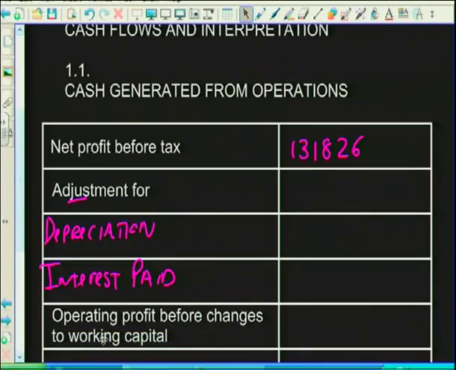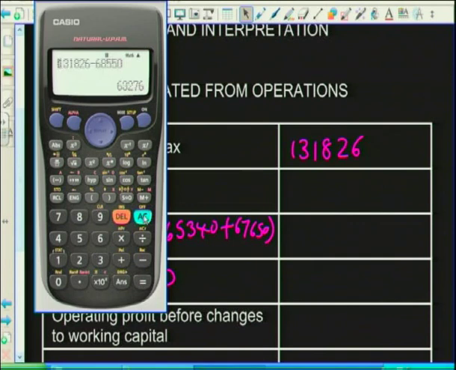Note number 1. Depreciation, remember guys, your bracket work is absolutely important. So in brackets, depreciation on equipment, an amount of 65,340, plus my depreciation on vehicles, an amount of 67,650. Okay, again, let's get our calculators out.